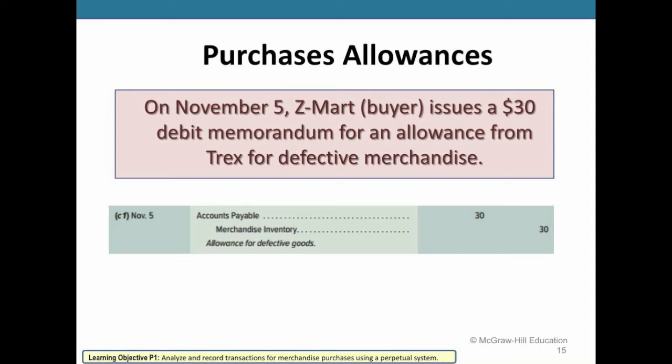In order, from an accounting standpoint, to show that $30 reduction in invoice price, we're going to debit accounts payable by $30, reducing it to $470, and we're going to credit merchandise inventory by $30, taking it from $500 to $470.